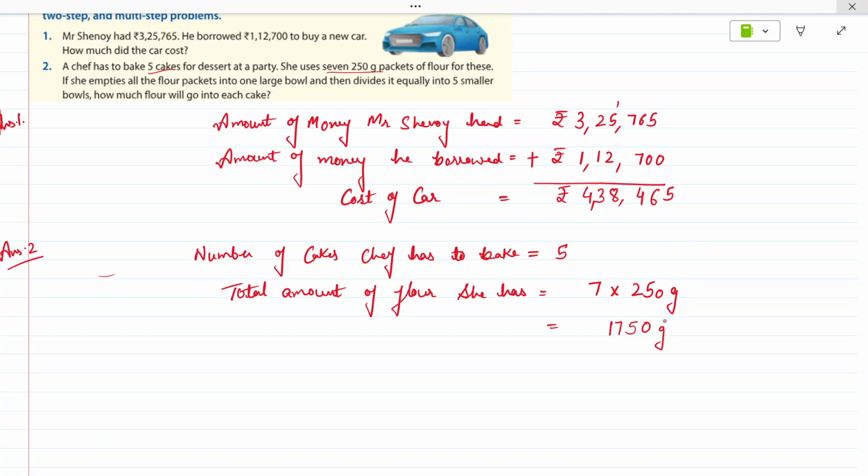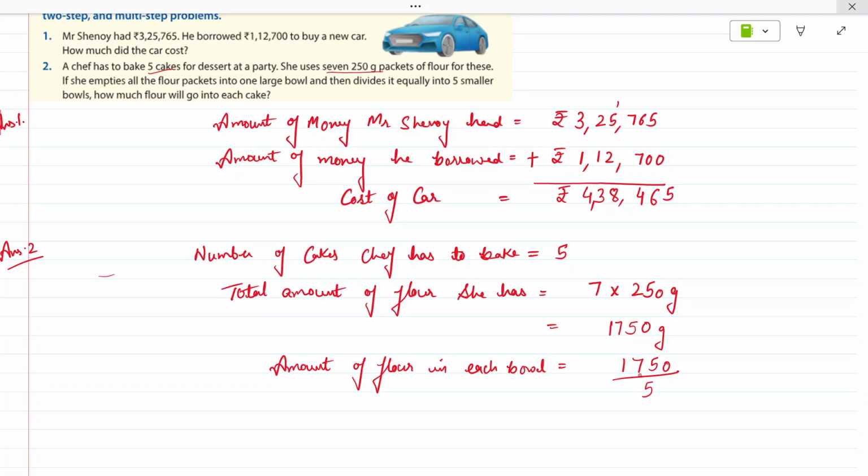Now, what she has to do is she has to divide this flour into 5 smaller bowls. And then how much flour will go into each cake? So we will write here amount of flour in each bowl will be 1750 divided by 5, right?